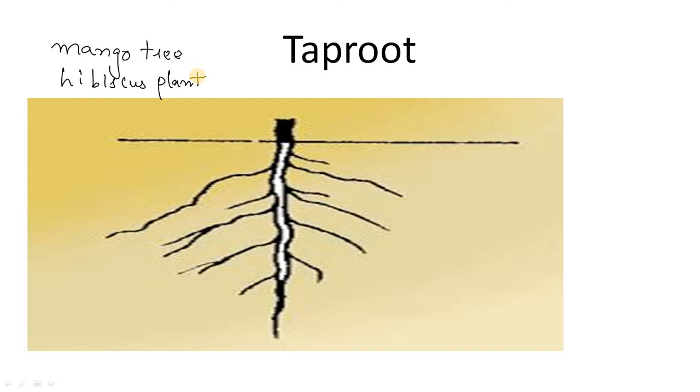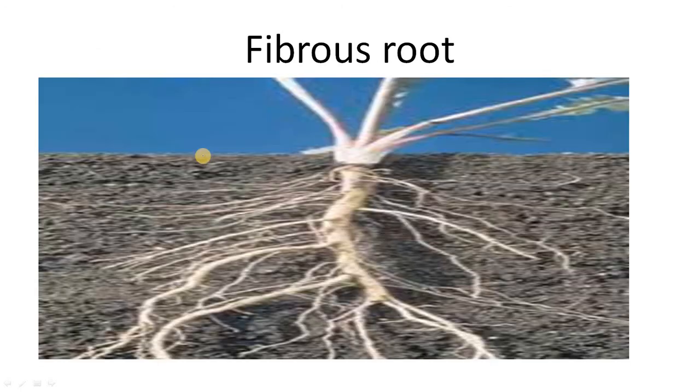Fine. So these are some of the examples of tap roots, children. Next, the other type of root as we discussed was fibrous roots. Fibrous roots means when, let me draw and show it to you.